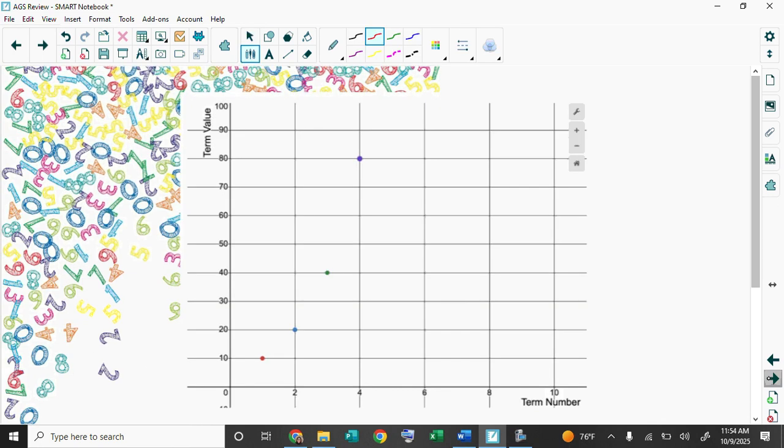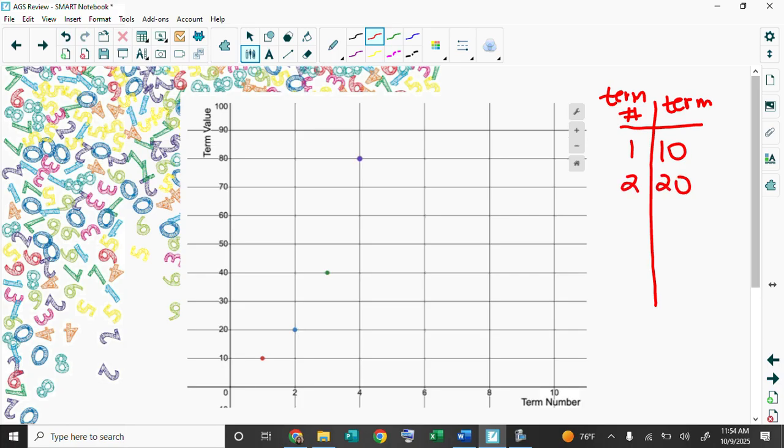So here, I need to make an XY table with my term number here and the term here. That's going by 2, so it's going to be 1, 10, 2, 20, 3, 40, and 4, 80.